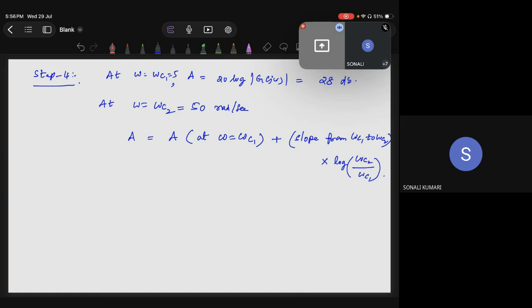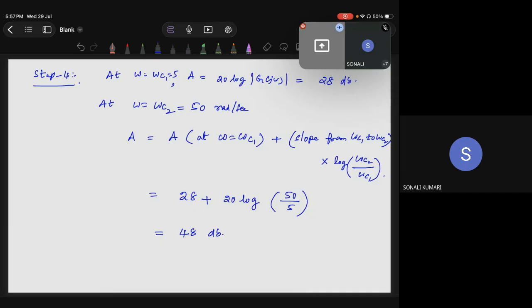It will be like y equals mx plus c, where x is this log term. You can see this is already 28 plus the next one, 20 log of omega C2, 50, by omega C1, 5. You'll get 48 dB.